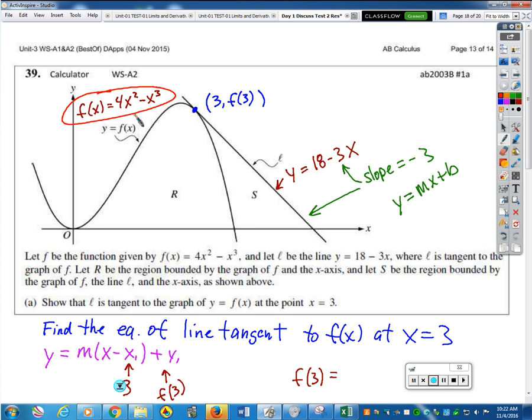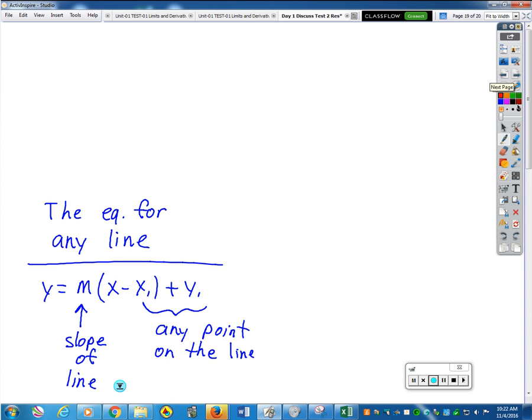So grab a flashcard. Write this on your flashcard.